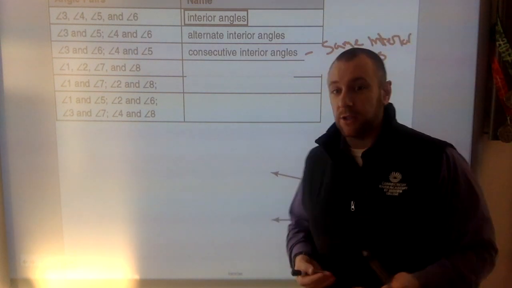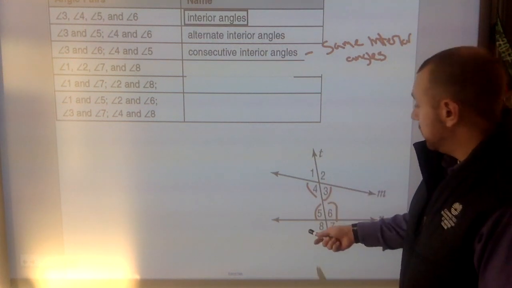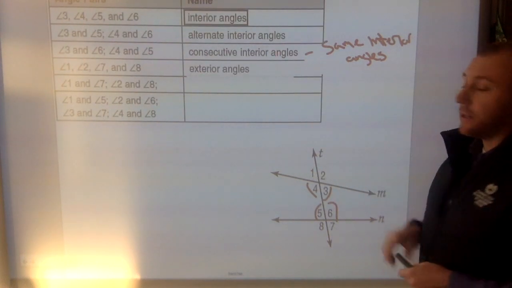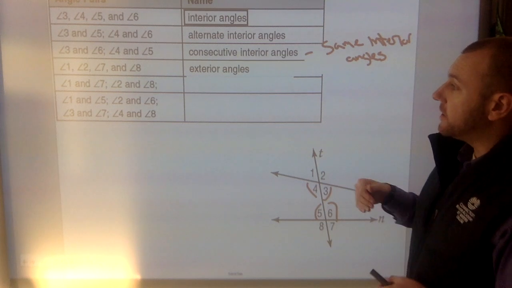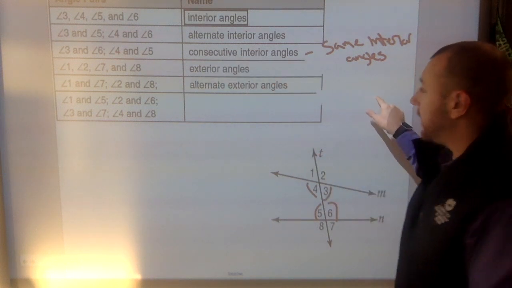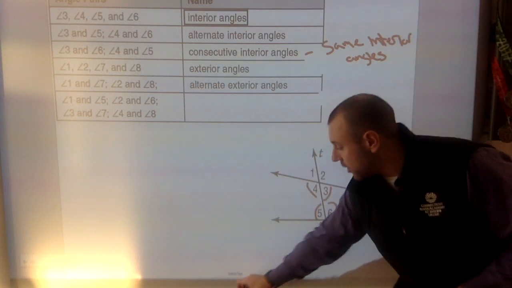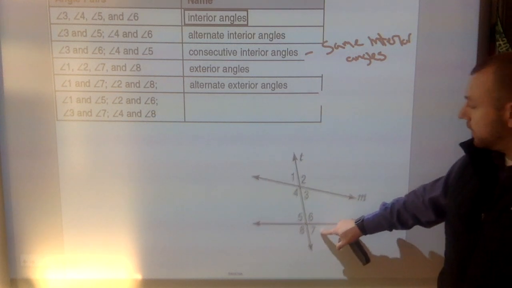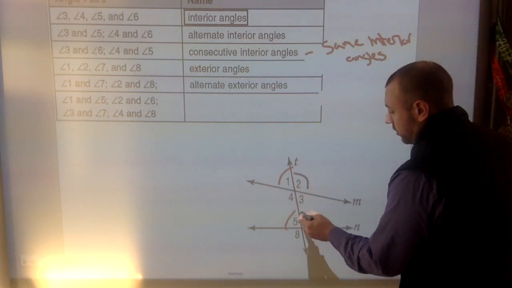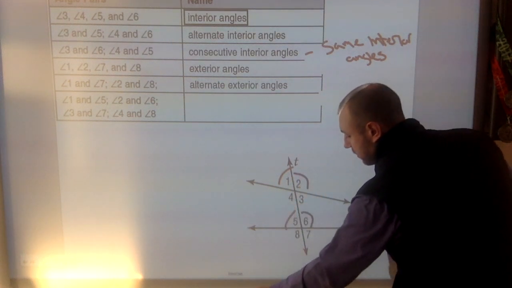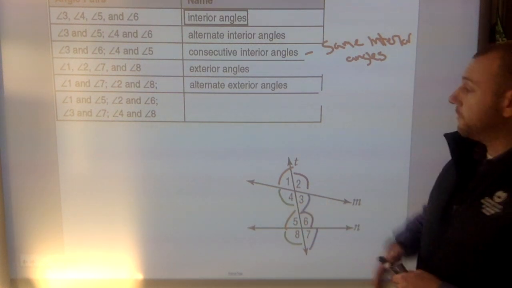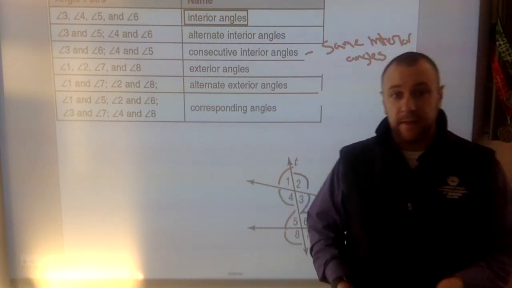So all I'm doing is matching these things up. 1, 2, 7, 8, those are on the outside. Those are exterior angles. 1 and 7, 2 and 8, they're on opposite sides but outside. So those are alternate exterior. And then if I look, 1 and 5, 2 and 6, 4 and 8, 7 and 3, those are all in the same position. So those would be corresponding angles.